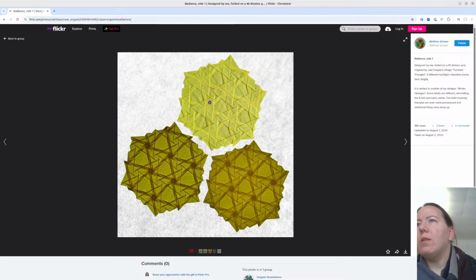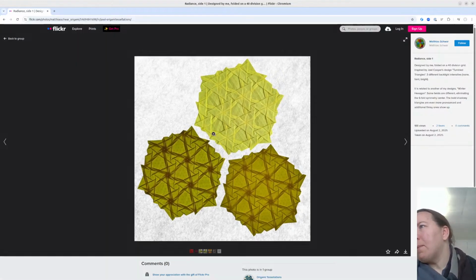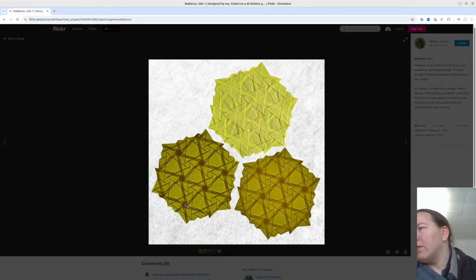So we've got this pattern and we want to figure out what exactly is going on and maybe reverse engineer it. And we don't see the tiling for this.